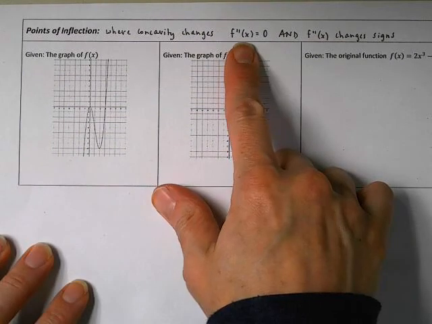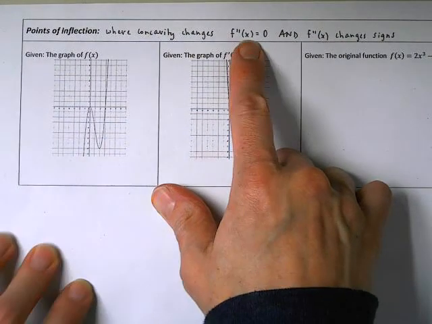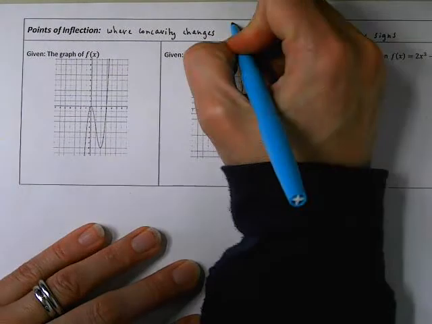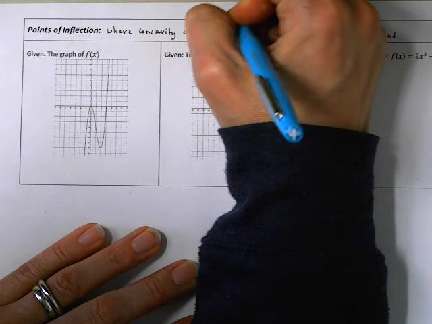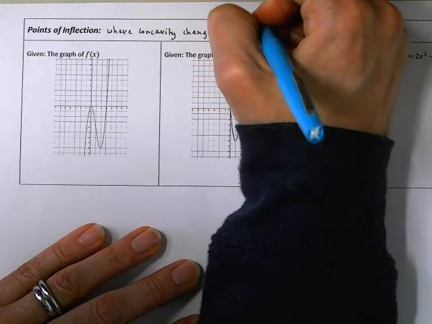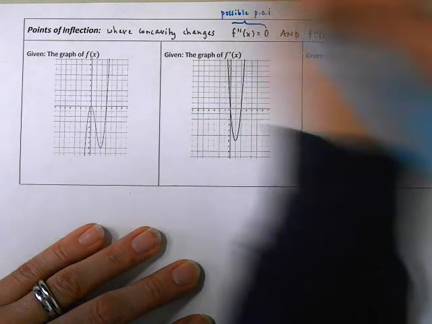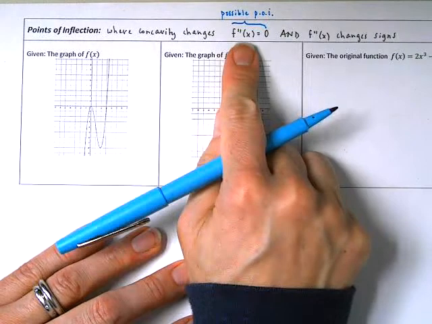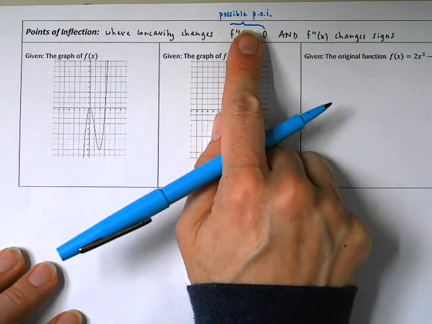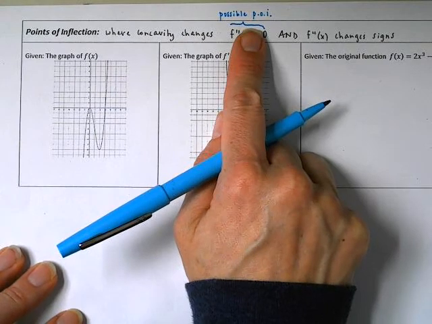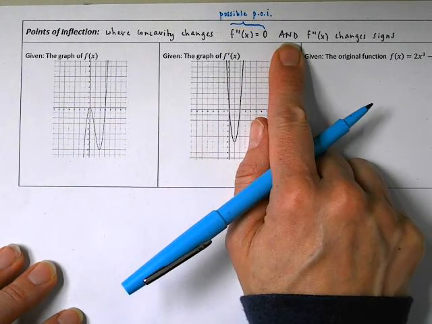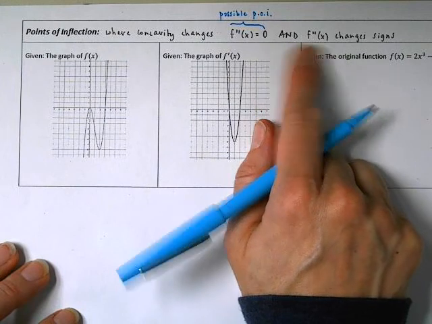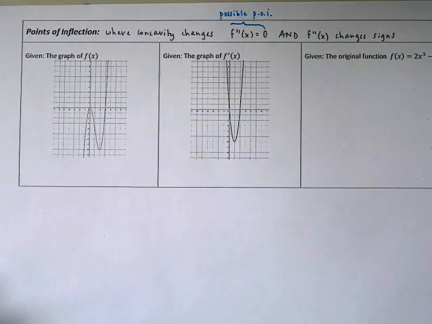A point of inflection is where f double prime of x equals 0. If we only know this piece, we only know the possible, and I'm just going to abbreviate, points of inflection. So just finding where f double prime of x is equal to 0 gives us possible points of inflection. To know for sure that we have a point of inflection, we actually have to add the criteria that we know f double prime of x changed signs.